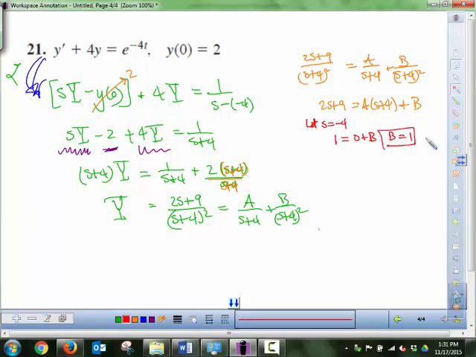But now I don't have any other numbers to substitute for s to find a, right? So how can I find a? Any ideas?